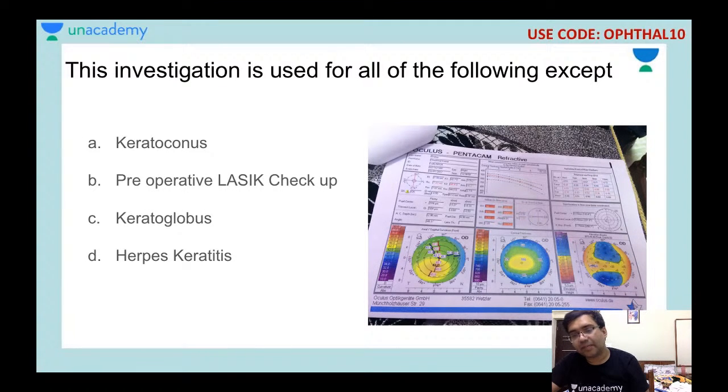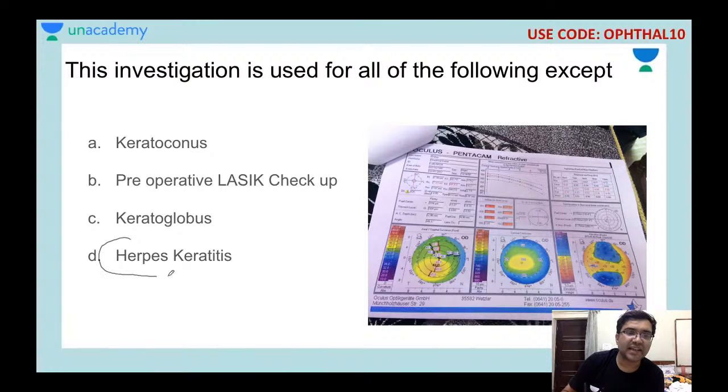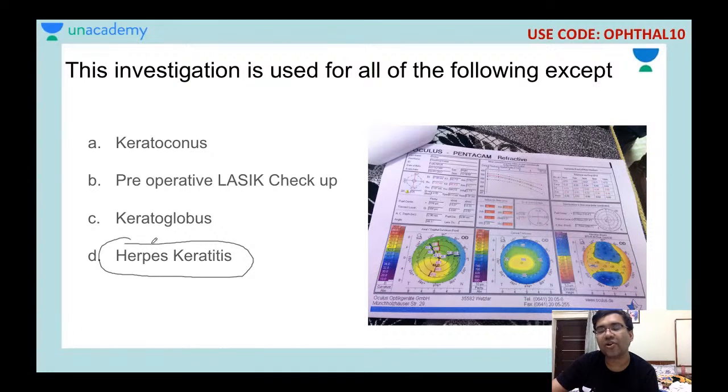But what you cannot appreciate in these patients is how much inflammation of the cornea there is, and you cannot see the dendritic ulcers, which are seen in herpes keratitis. So herpes keratitis is more of a clinical diagnosis which you do on the slit lamp and not with the help of the Pentacam.